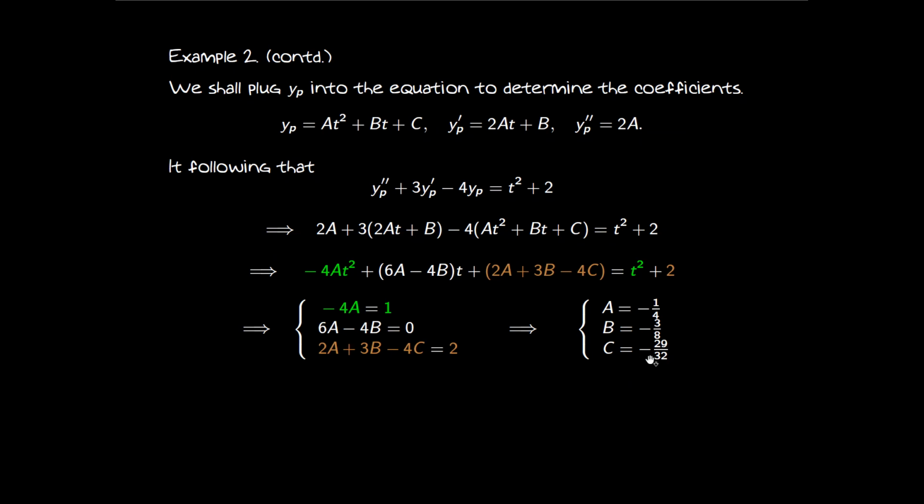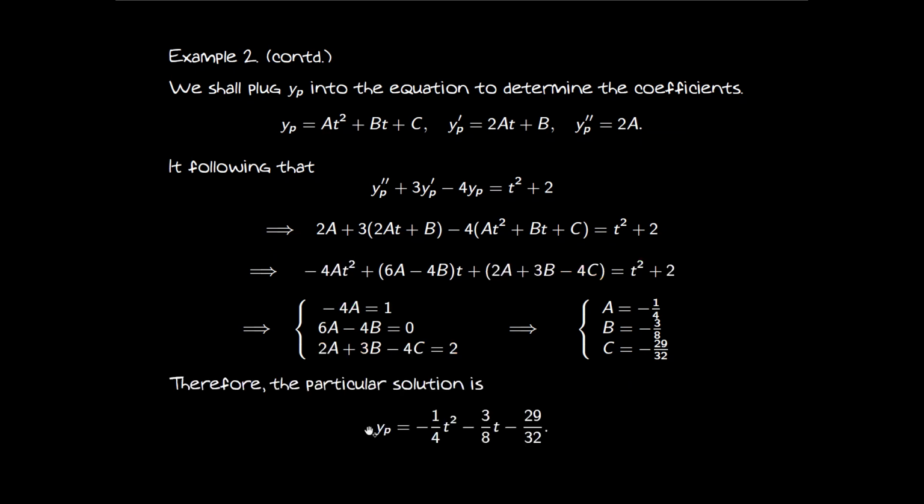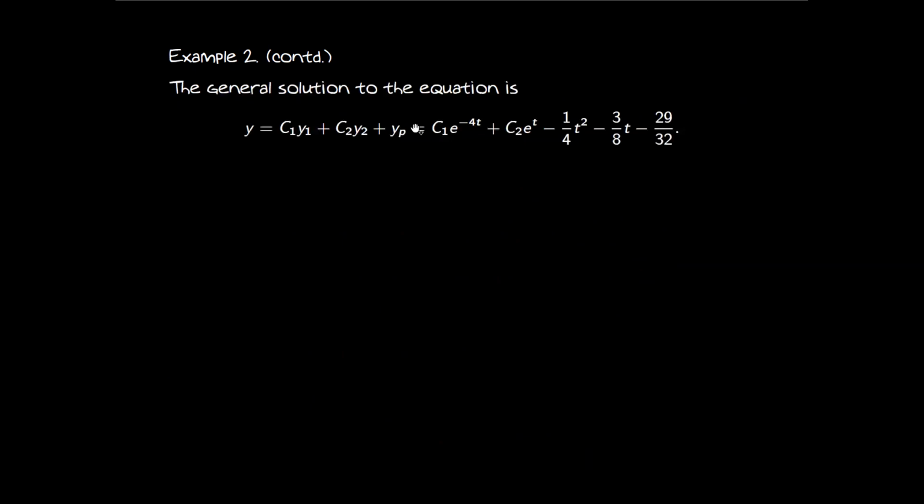Once we got the A, B, C, we can plug them into the proposal, and we got the particular solution. It's going to be a second degree polynomial like this. And it follows that the general solution to the equation is going to be C1 y1, which is e to the negative 4t, plus C2 y2, which is e to the t, and then together with the y sub p.